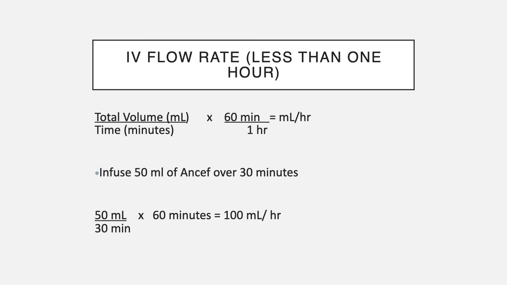When you have an IV flow rate using a pump for milliliters an hour, you're going to have to convert your minutes to hours. Just keep that in mind when you're doing your calculation. Once again, you can use any formula from DoseCal 360 or ATI to assist you in calculating your IV flow rate for those less than an hour.